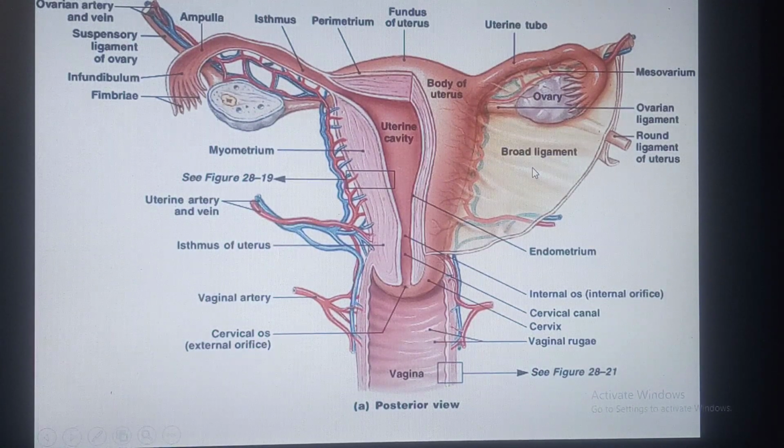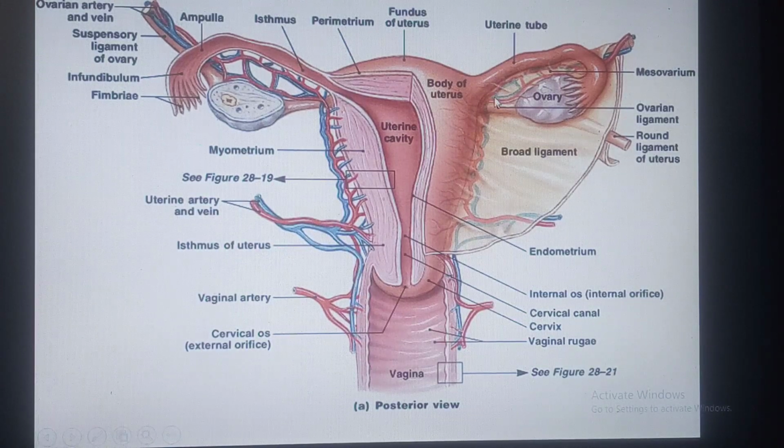Now, the broad ligament is going to have 3 parts, but of course, some authorities say there are 4 parts, so I will actually go by the 3 and 4. So if there are 3 parts, then we are going to have the part which is attached to the body of the uterus, and it's known as mesometrium.